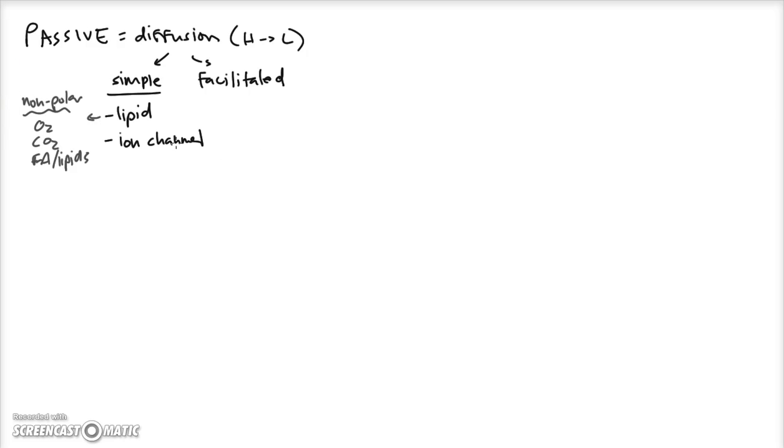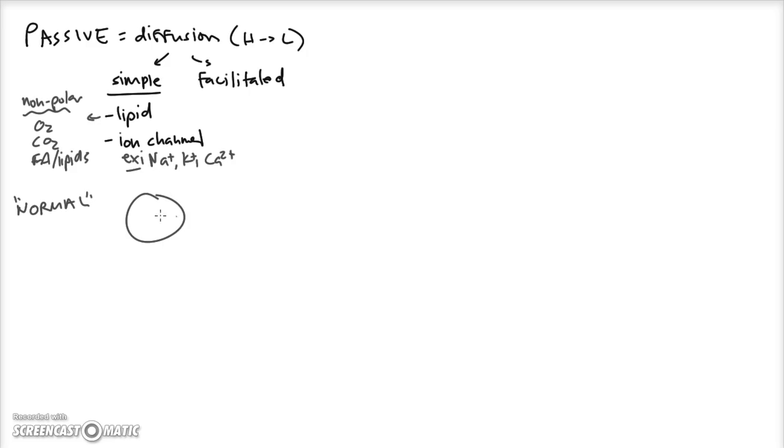The other thing is that simple diffusion can happen through ion channels. Some examples of this that you should know are sodium, potassium, and calcium. And I just want to diverge for a second to drive this point home, and talk about the normal movement of these ions.